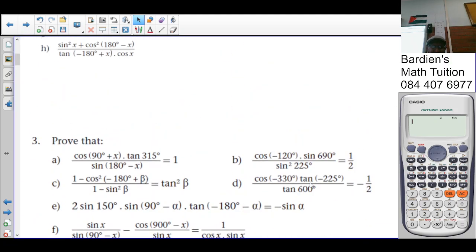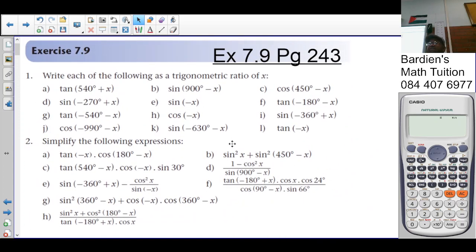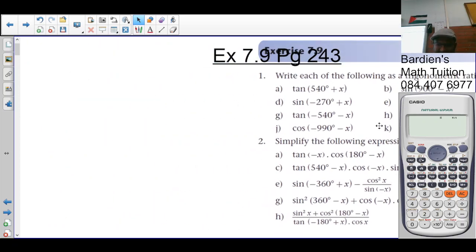Right, let's go to 7.9. In 7.9 you had to do the whole exercise. What did we have to do out of this? Number 1 and 2 is the first column. Any problems with number 1, the first column? J, okay.